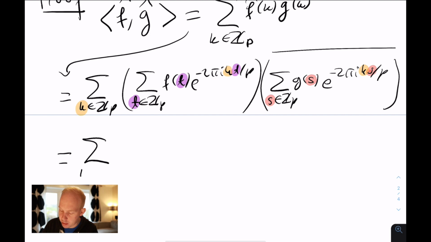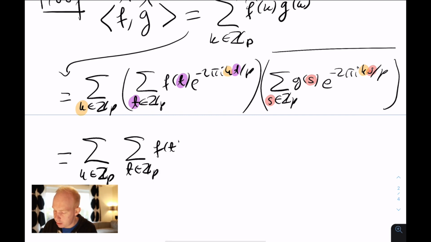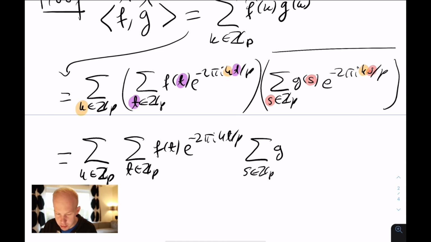So what I can do here is open up these expressions. I sum over Z_p, I take f(t) e to the power minus 2 pi i k t over p, and then I have the sum over s in Z_p, and I can put the complex conjugation inside.